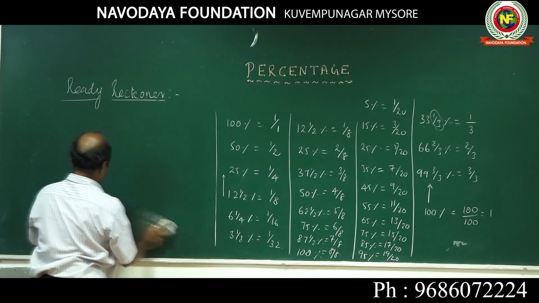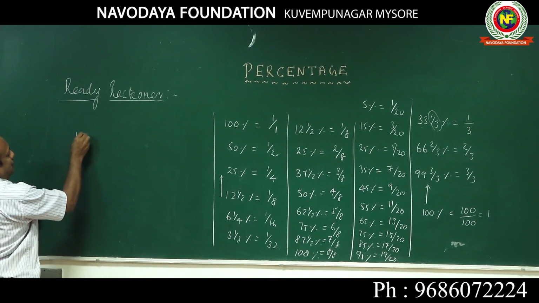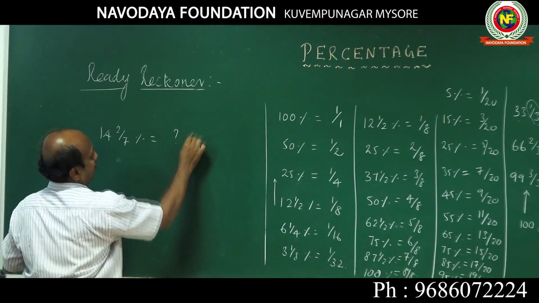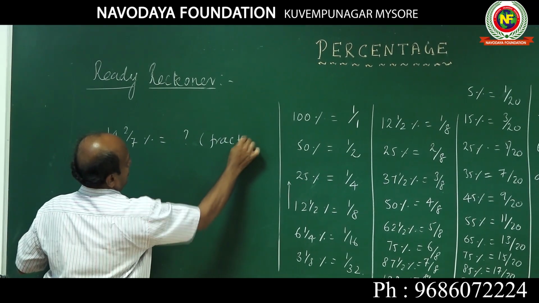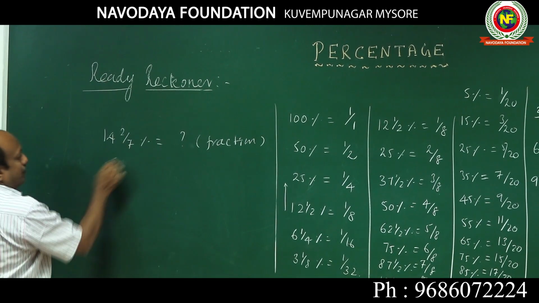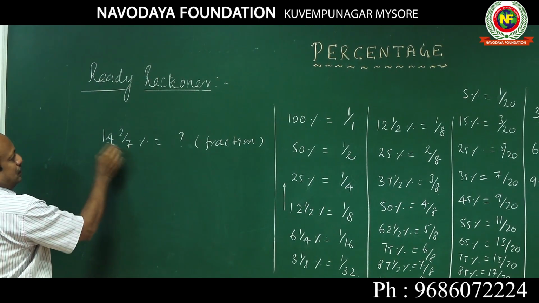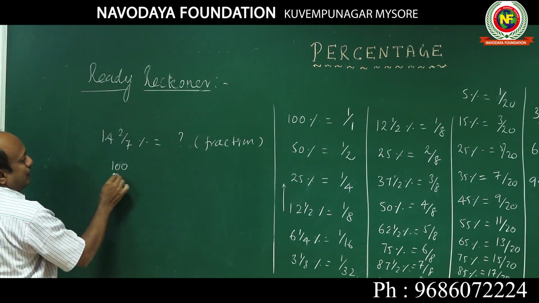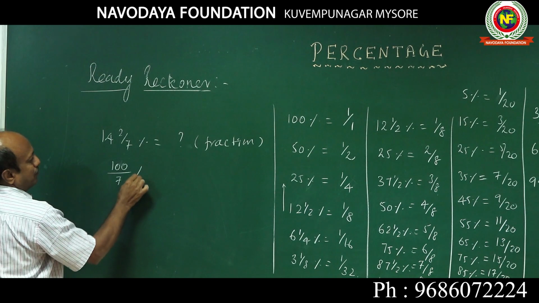14 2 by 7 percentage is equal to what? 14 2 by 7 percentage is equal to what fraction? Right, many students what they will do, they go and multiply 14 7s are 98 plus 2, 100 by 7 percentage.